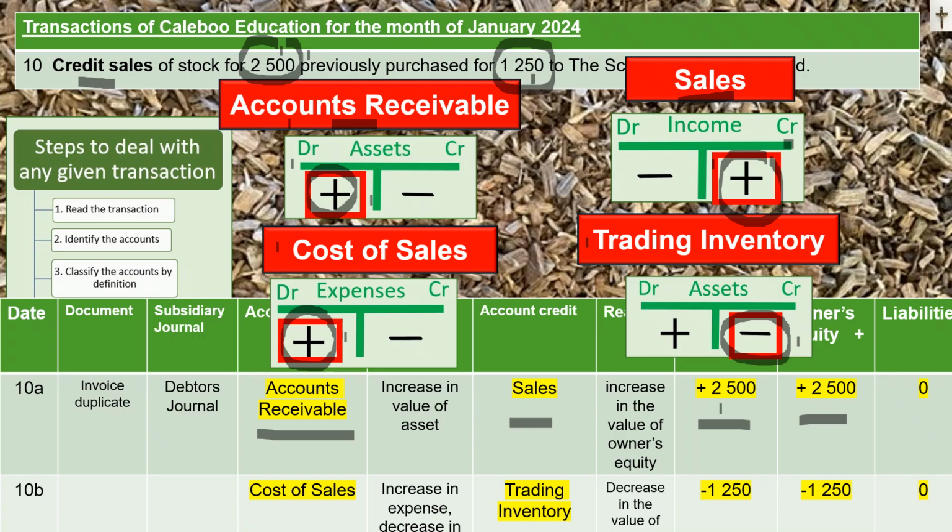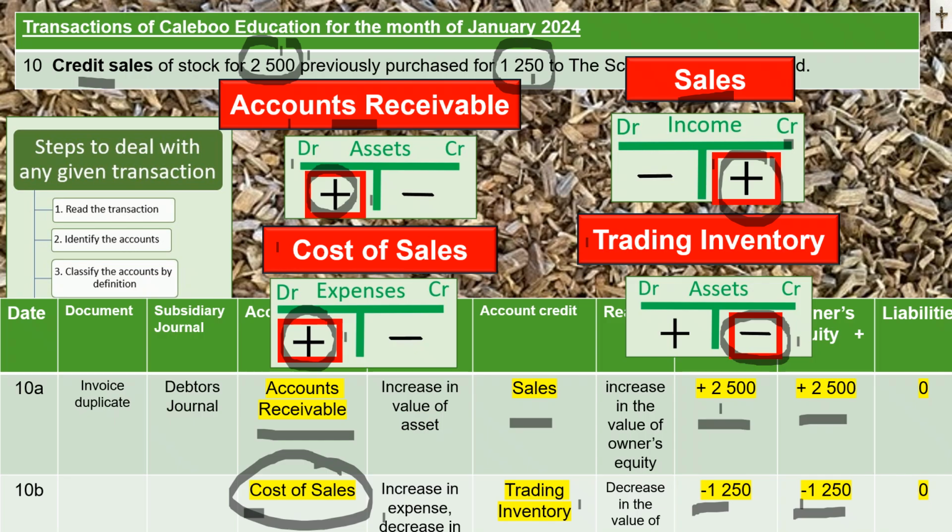Part B. Debit cost of sales, increase in expense. Credit trading inventory, decrease in the value of the asset. So under assets you get minus 1,250. Under owner's equity, because there was an expense, an increase in expense results in a minus under owner's equity.